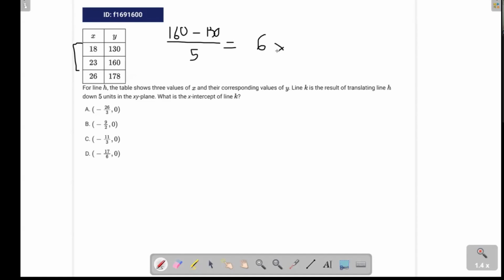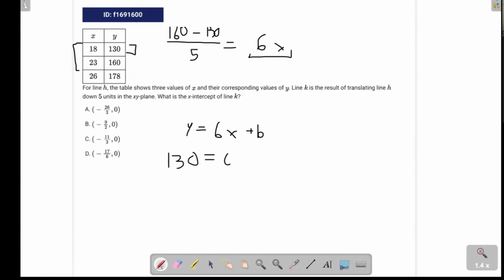So now we have our slope here. We can set up our equation where you're going to have y equals 6x, but we don't know our y-intercept, which is going to be b. And so we're going to do that same thing we did last time, where you plug in any value from this table. Let's use the 18 and 130 value. So y is going to be 130, and x we're going to plug in as 18.